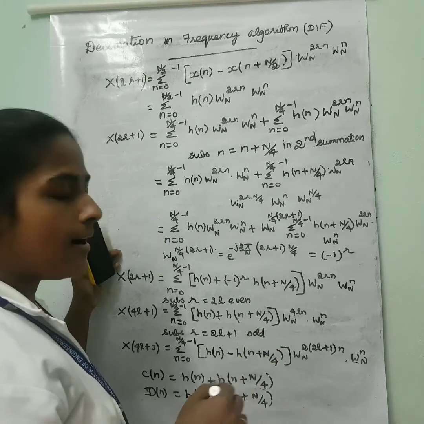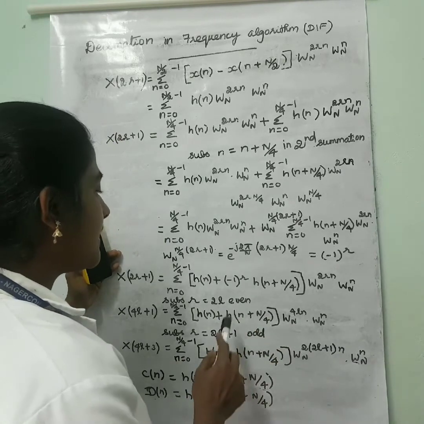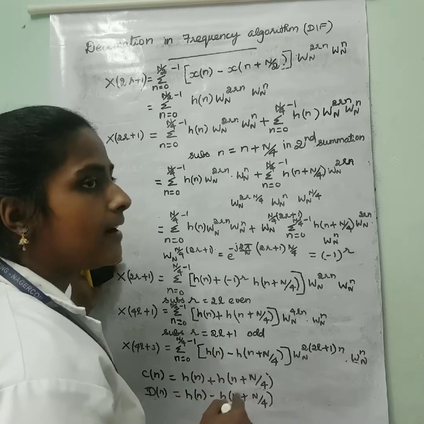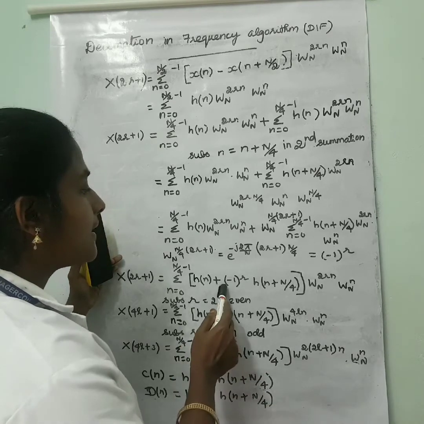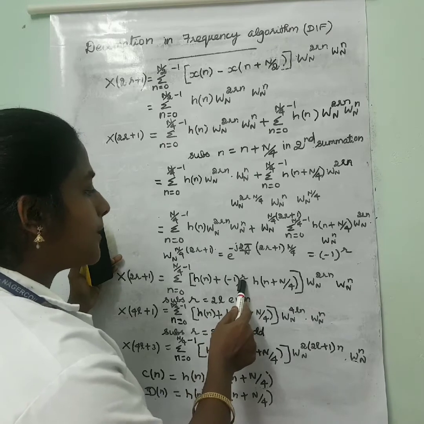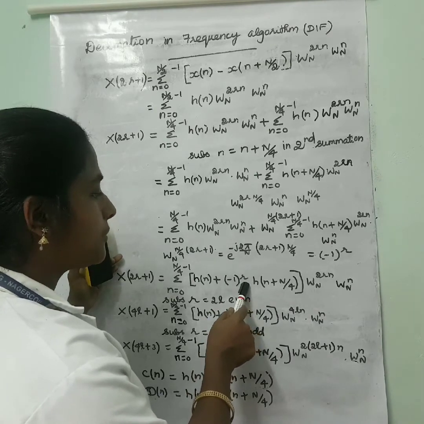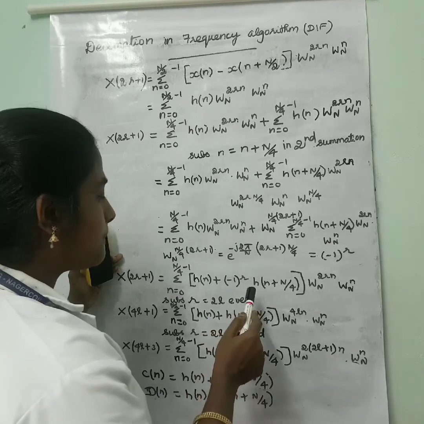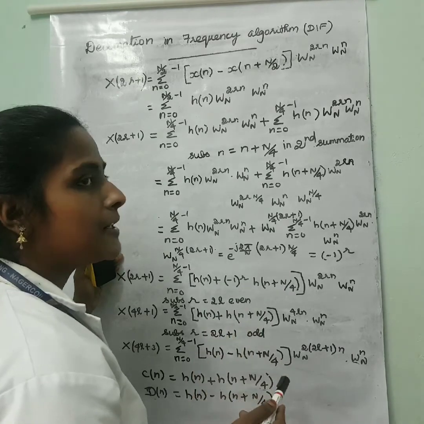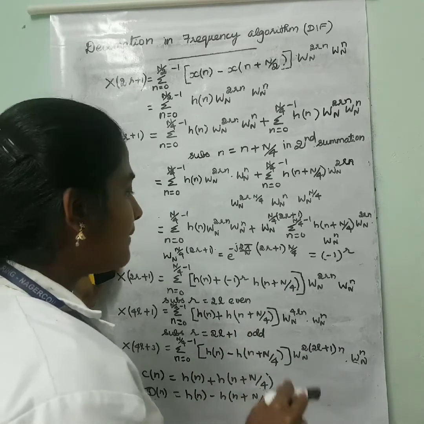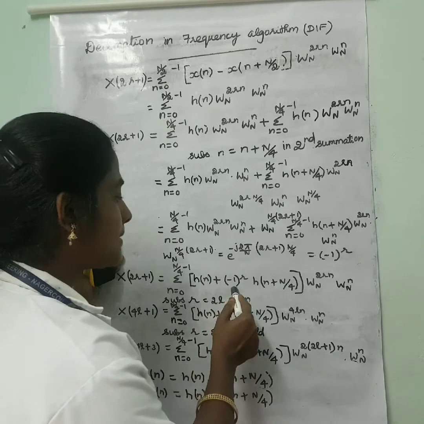First substitute r is equal to 2l, that is the even part. When r is equal to 2l, you will get minus 1 power 2l, which means it is an even term, so this becomes plus.